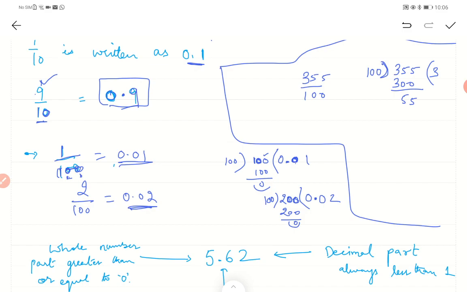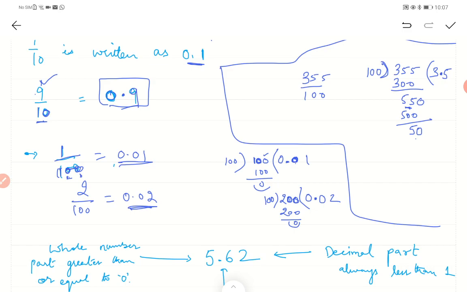So what will we do? We have 55. This will not come in the 100 table. So now you will place a point here and take 0. Now 100 5s is 500. Now if you subtract these two, you will get 50 as a remainder. Now again 50 will not go in this, isn't it? 50 is not there in the 100 table.